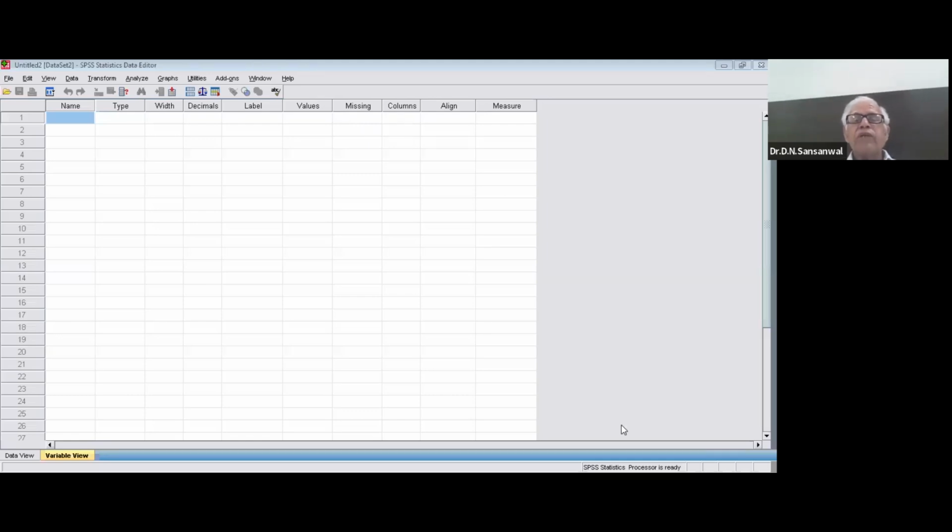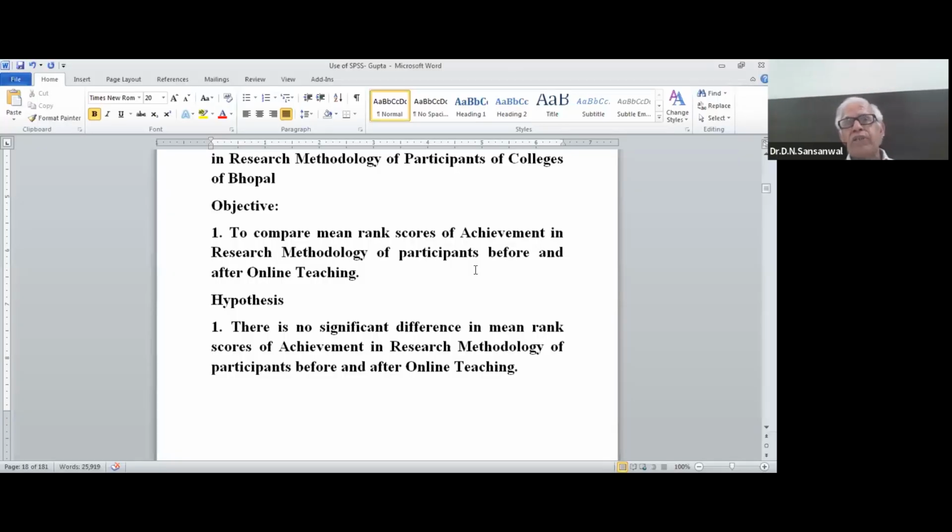In the objective, what is given? To compare mean rank scores of achievement in research methodology of participants before and after online teaching. That means before online teaching, you are assessing the achievement in research methodology, and then you are teaching, and then you are again assessing the achievement in research methodology.